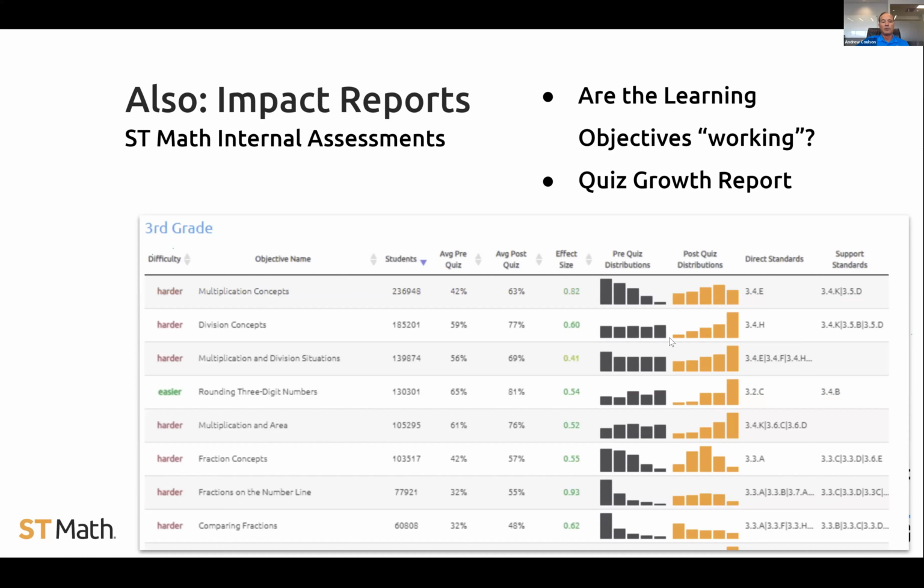In this case, for multiplication concepts in third grade, that was 236,948 kids. The average pre-quiz for it was 42%, average post-quiz was 63% at 0.82 effect size. Here are the standards that it covered, probably Common Core. So, of course, we also have this type of report.